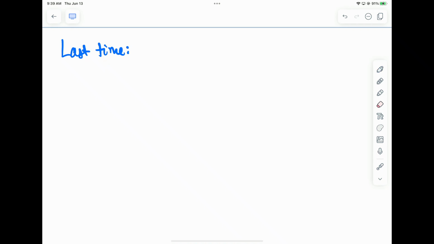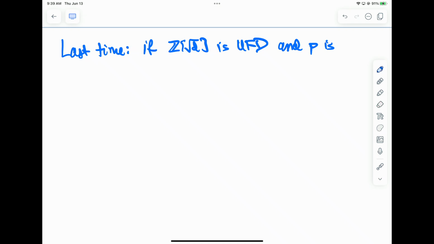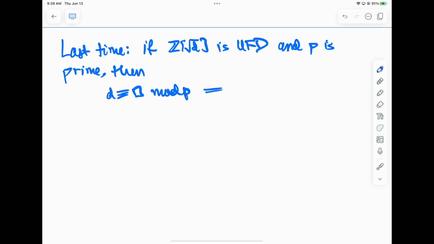If the quadratic ring Z[√d] is a unique factorization domain, and p is a prime number, d here is an integer, not a perfect square, then there's an equivalence between d being a perfect square mod p, and one of plus or minus p being x² − dy².